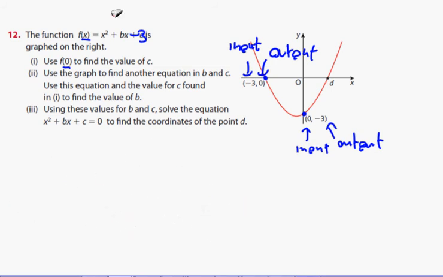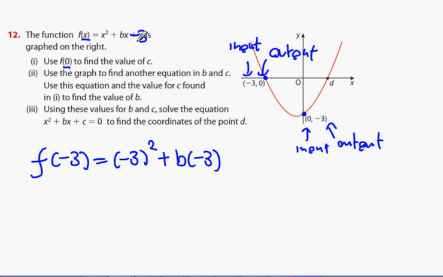Now, what's happening next, guys, is we're going to do f of minus 3. F of minus 3 equals minus 3 squared plus b times minus 3, and c is also minus 3. And what's the output?